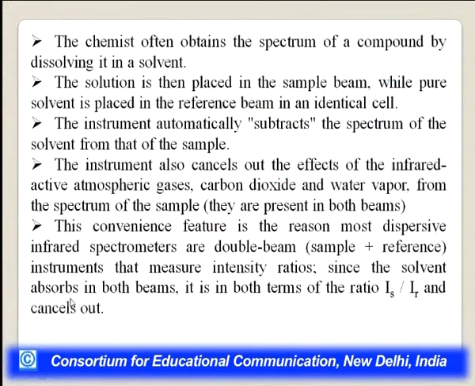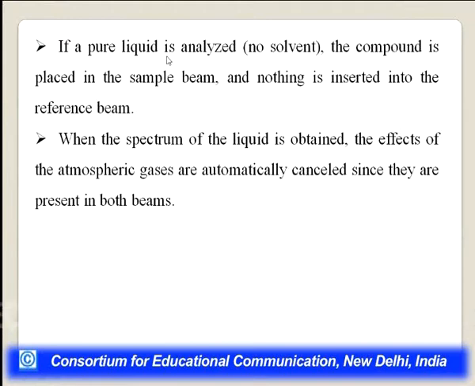Since the solvent absorbs in both beams, it is in both terms of the ratio IS divided by IR and cancels out. If a pure liquid is analyzed, the compound is placed in the sample beam and nothing is inserted into the reference beam. When the spectrum of the liquid is obtained, the effects of atmospheric gases are automatically cancelled since they are present in both beams, in the reference beam as well as in the sample beam.